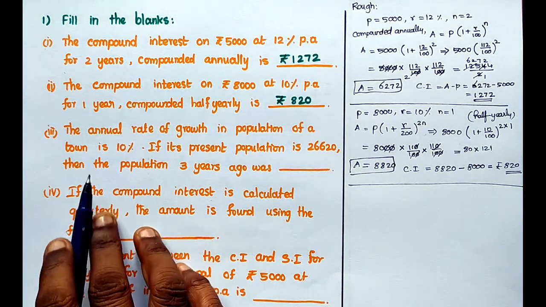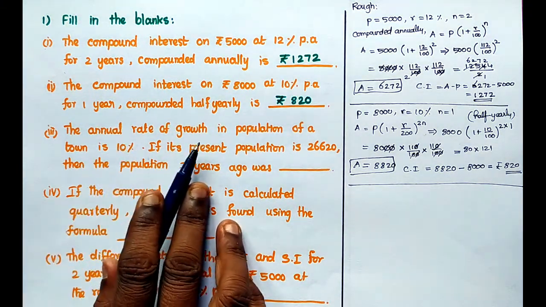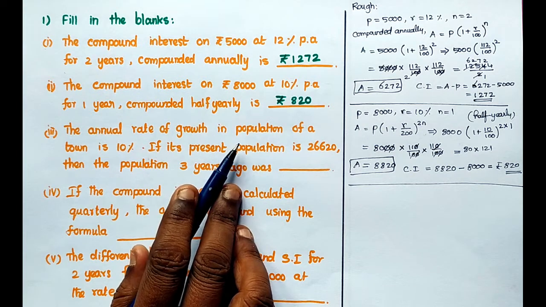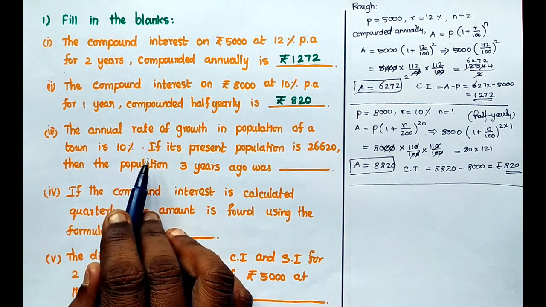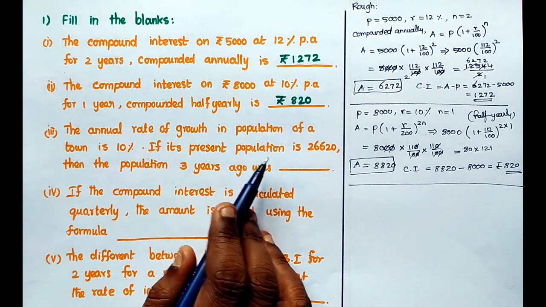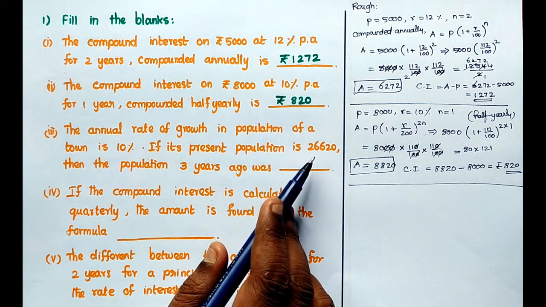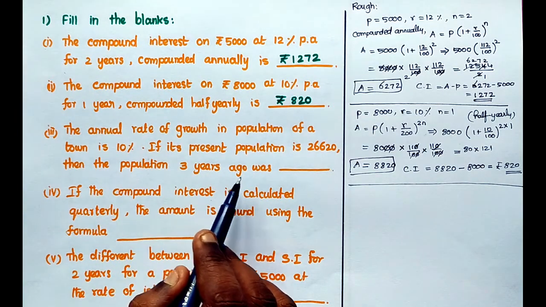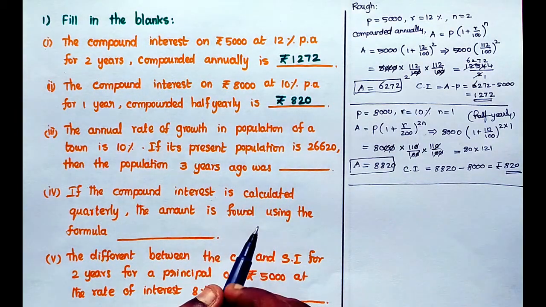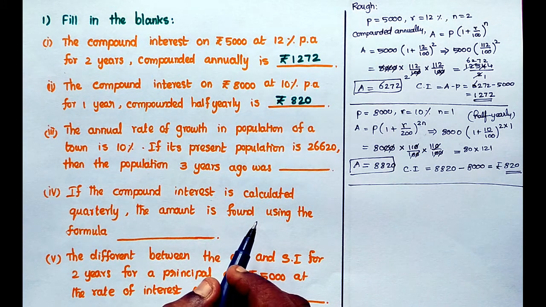And third one, the annual rate of growth in population of a town is 10%. If its present population is 26,620, then the population 3 years ago was dash. Listen, they given the compound interest, that is amount.